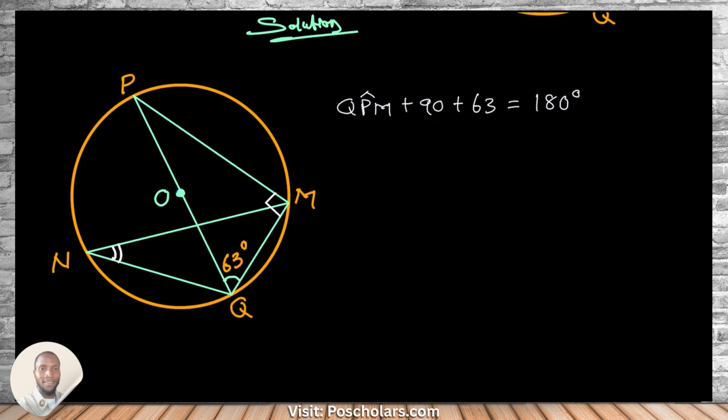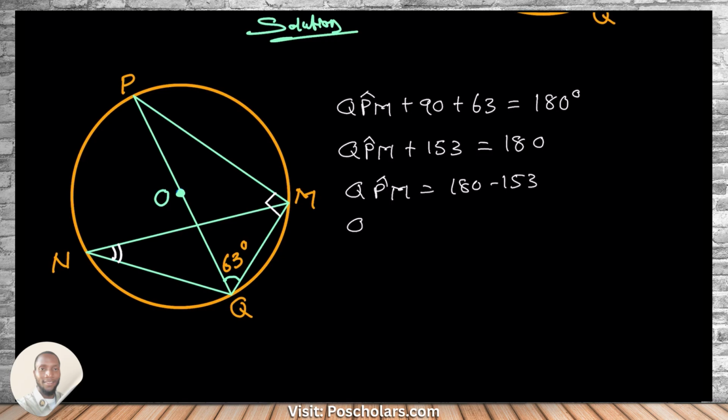Now 90 plus 63 gives 153. So we have angle QPM plus 153 is equal to 180 degrees. Next, QPM is equal to 180 minus 153. Definitely QPM is equal to 27 degrees.